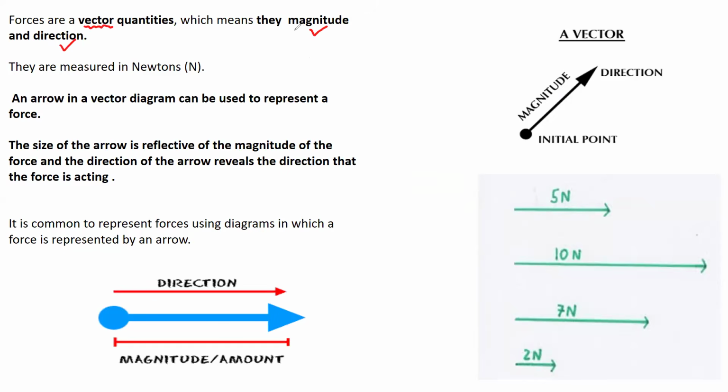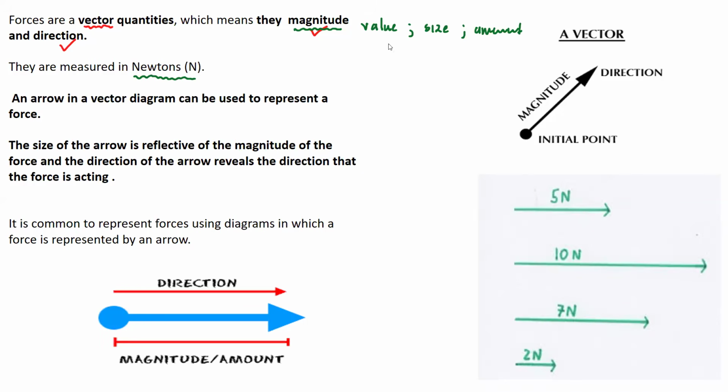When you say magnitude, you are talking about the value, the size, the amount. So when you're describing a force, you must specify its value, which is magnitude, size, or amount, and its direction. The standard units of measurement of forces are newtons. So the standard is actually newtons, as you can see there.